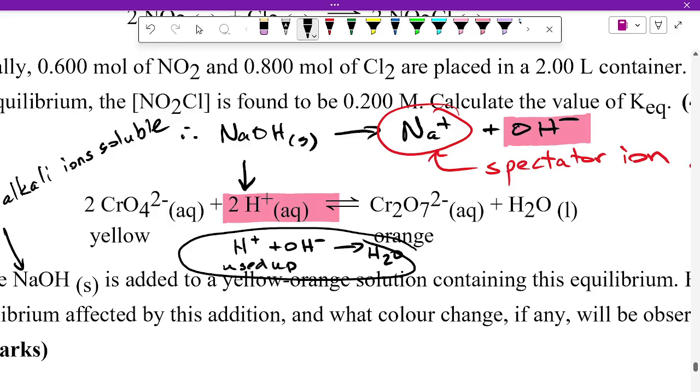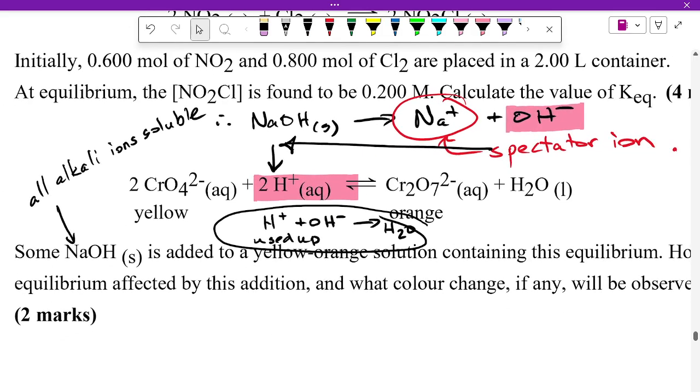And if H is decreasing, which way will the equilibrium shift? It will shift to the left. And if it shifts to the left, what color change would we observe? It would go from orange to yellow.